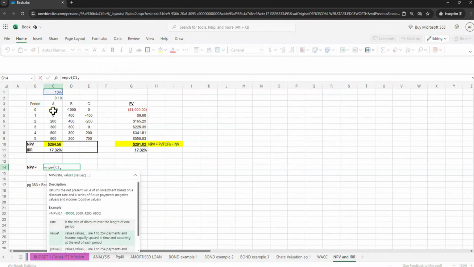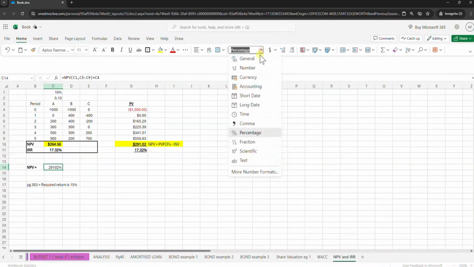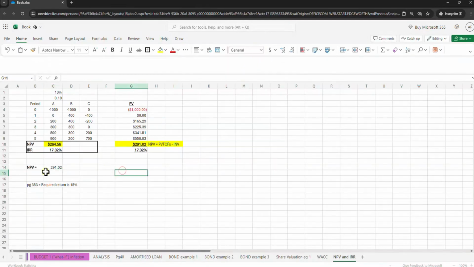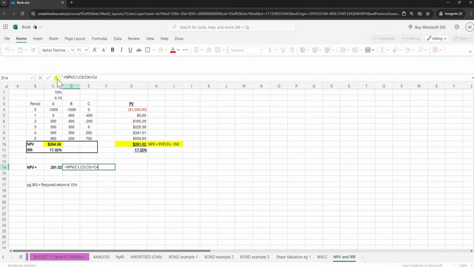Close brackets, then I need to highlight the array, without the initial investment. Close the bracket, then I need to add this amount, enter. Okay, now it's correct. Just make it a number. There we go. So this formula here, let me copy the formula. That's what you type into your equation.